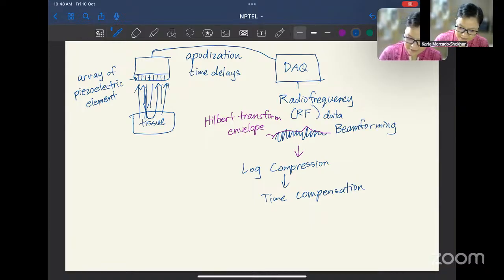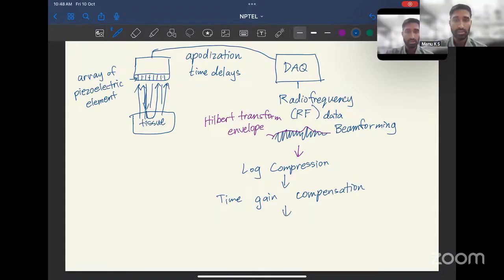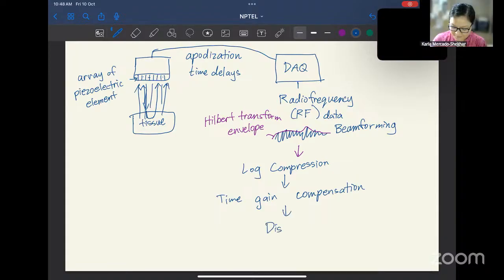Forming, this is your time gain compensation right here. Am I missing anything, Manu? Because afterwards, it's the display. Yes, afterwards is your display.